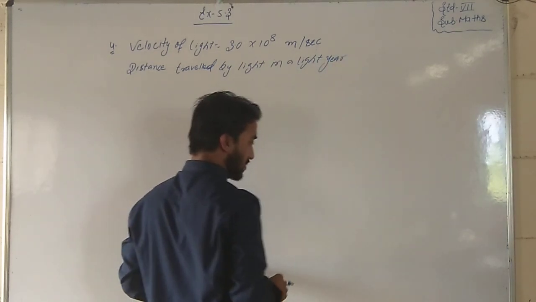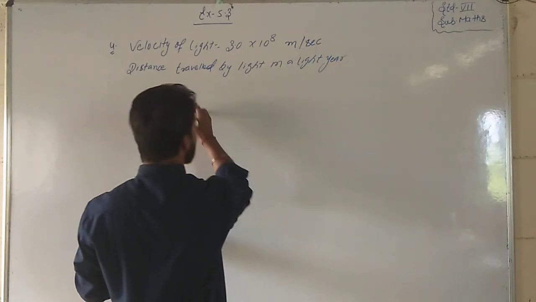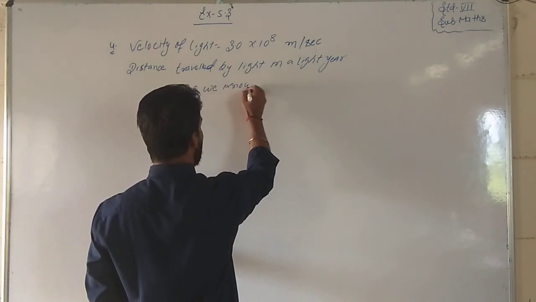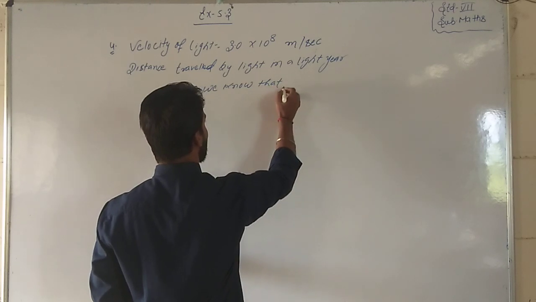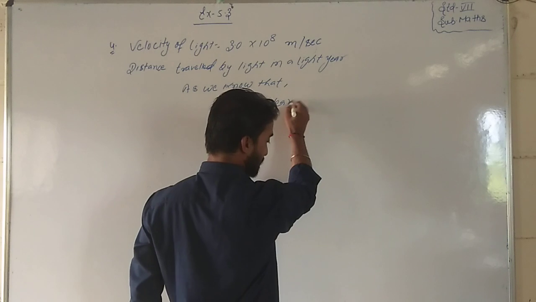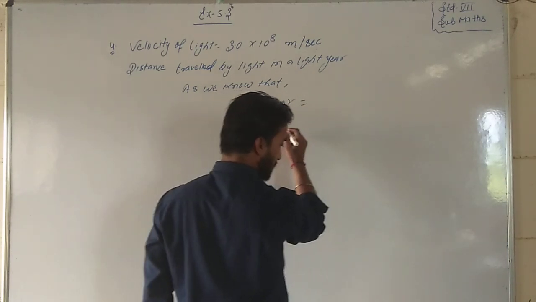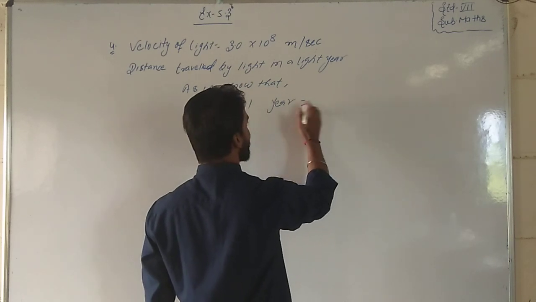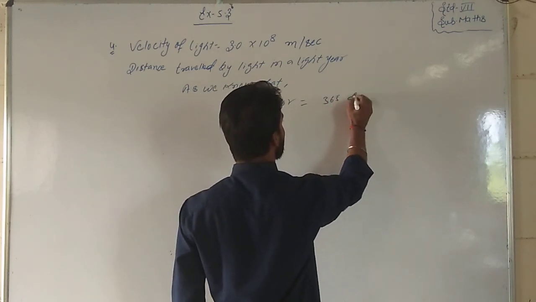Then what will be the answer? As we know that 1 year is equal to 365 days.